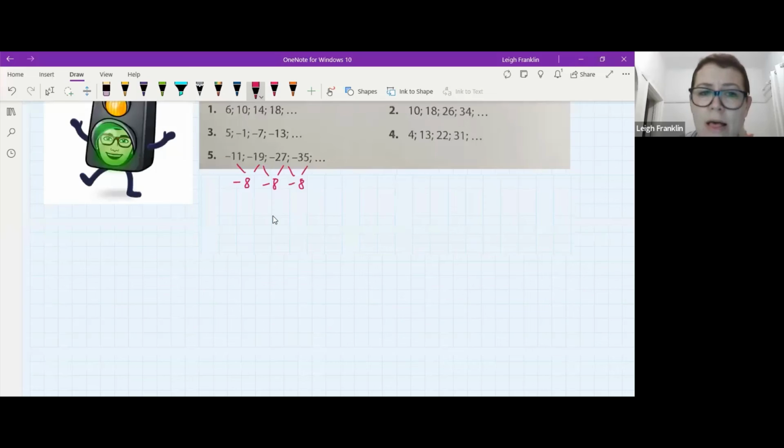That's really good. That means that term number 1 is going to be calculated by taking our difference and making it our multiplier, and we have to multiply it by 1. And then we've got to do something to it so that we get -11.